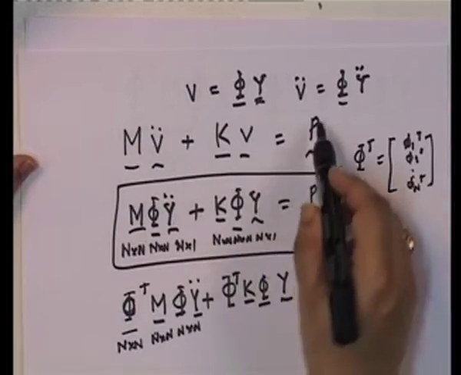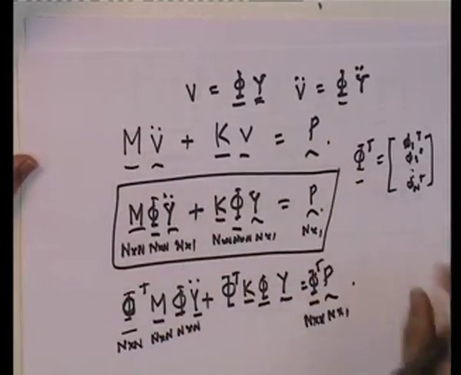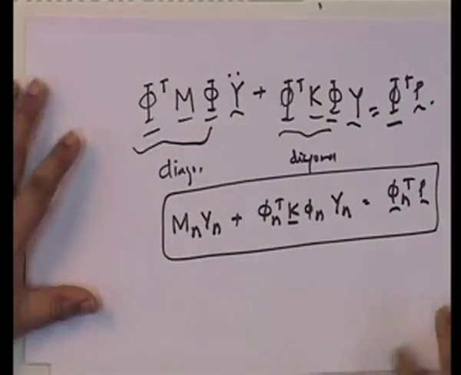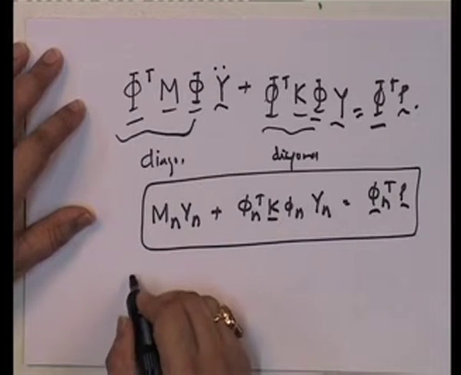In the original space was n coupled linear differential equations. By transforming it into the normal space, the modal space is called the normal space.